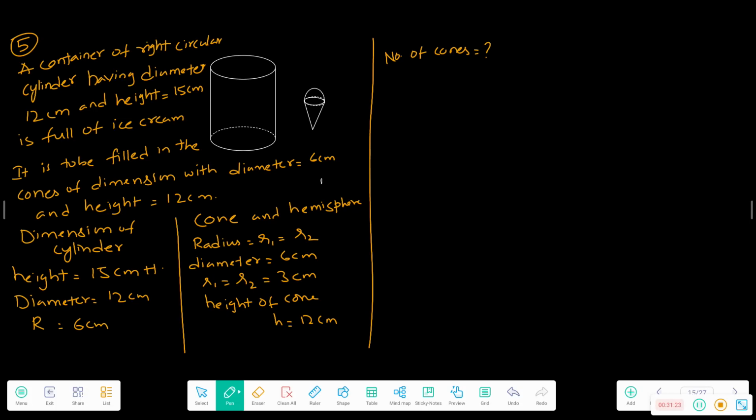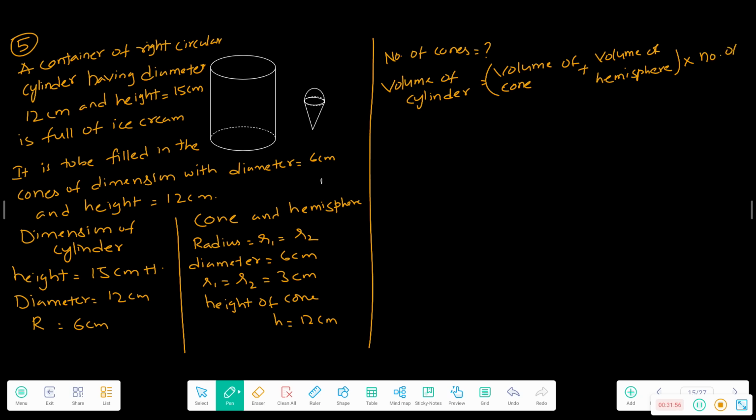It is nothing but the volume of cylinder equal to volume of cone plus volume of hemisphere, into the number of cones.